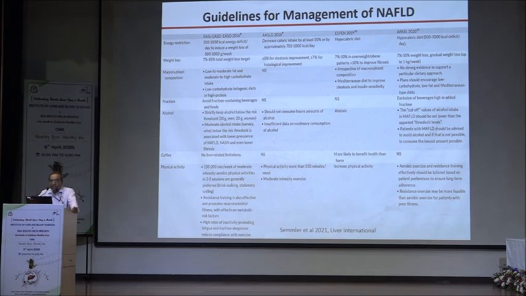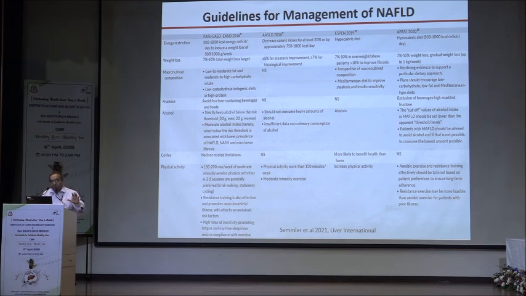As far as these guidelines are concerned, whether American or European, the main points considered were energy restriction, and everyone says it should be 500 to 1000 calories less than what they were taking. There is general agreement in all, whether APASL, EASL, or AASLD guidelines, meaning the American Association, European Association, and APASL, Asia Pacific.